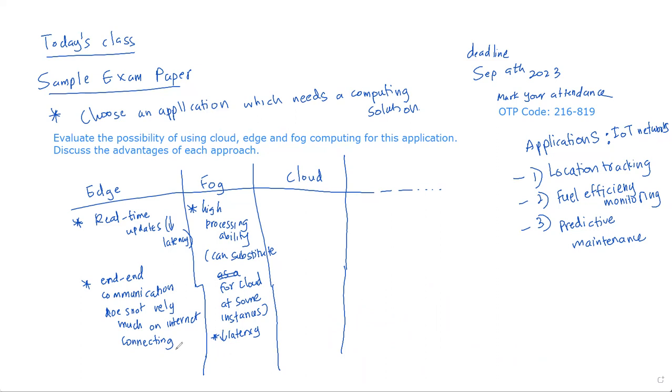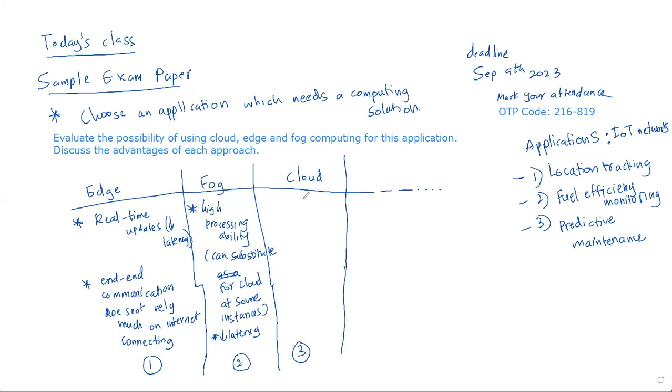In between, a latency value will be generated for fog computing. So fog computing will have the second highest latency. Edge computing will have the lowest latency, and cloud computing will have the highest latency. So we can have some idea that the latency will vary like that between these three computing technologies.